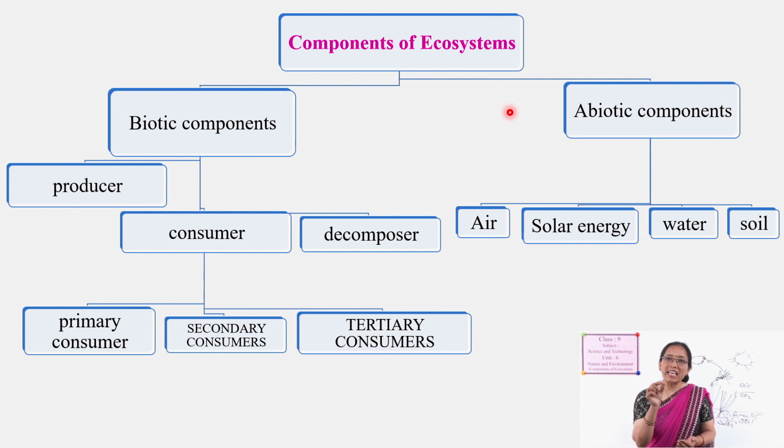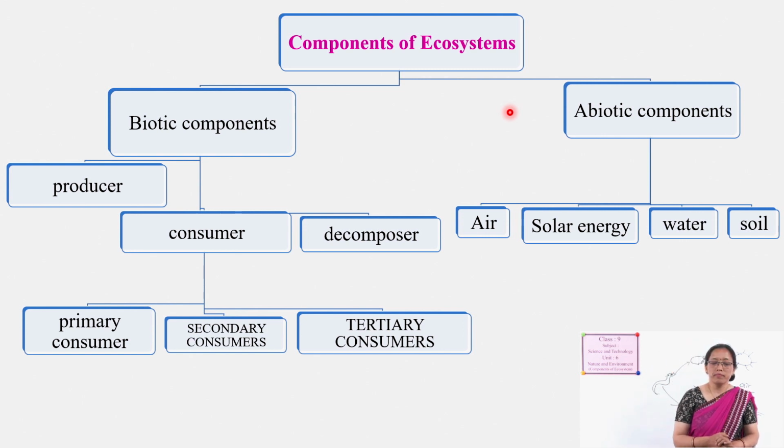That means each and every factor, like animals, plants, microorganisms, sun, air, water, whatever is present in the surrounding environment, those are the components of the ecosystem. That means each and every factor which helps to form an ecosystem is a component of the ecosystem.